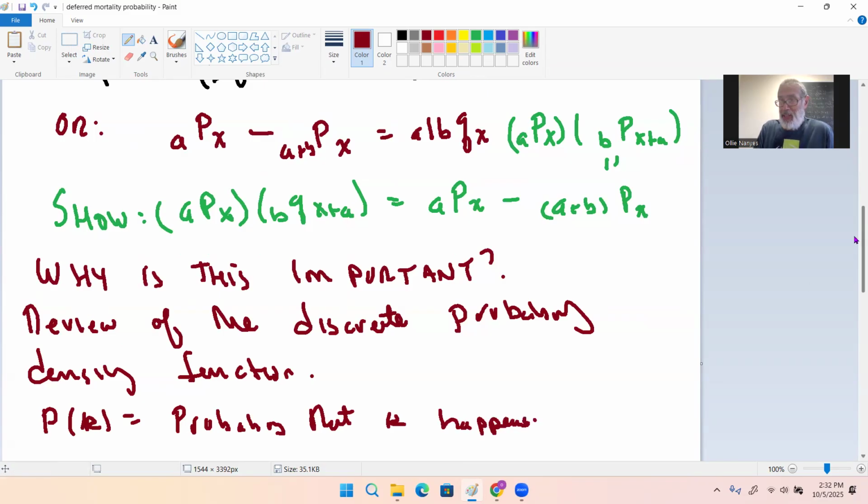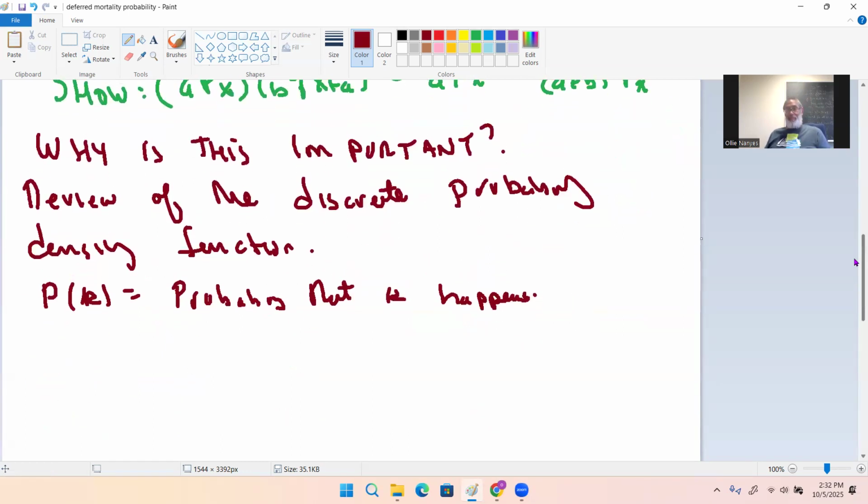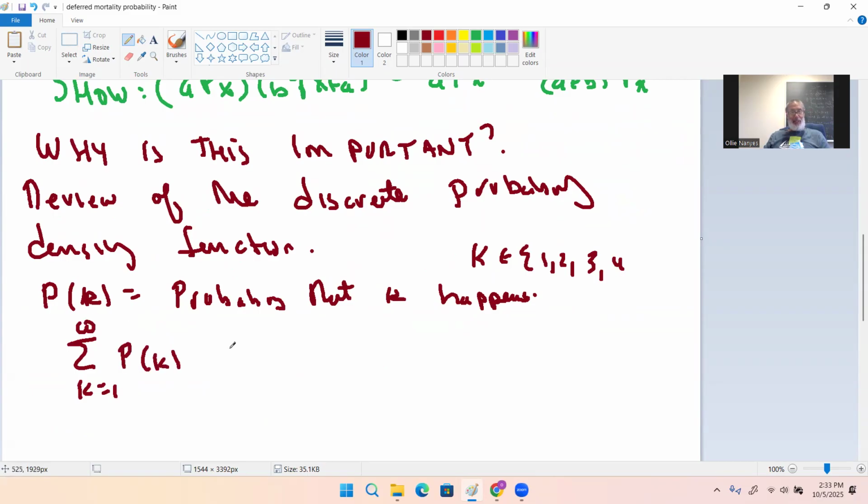Now, if this is a true probability density function, and let's assume that our K is limited to integer values 1, 2, 3, 4, well, then we know by the definition of probability density function that the sum of K equals 1 to infinity of this thing here has to be 1, just because it's a density function.